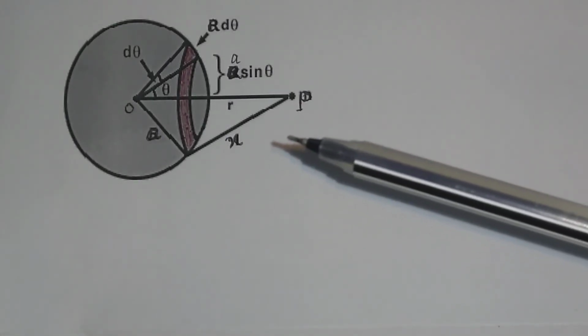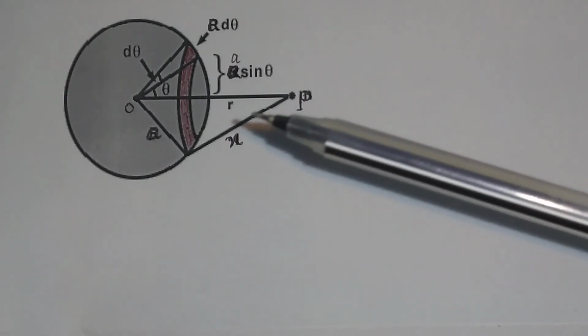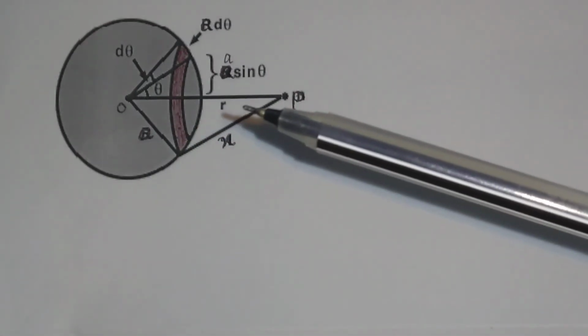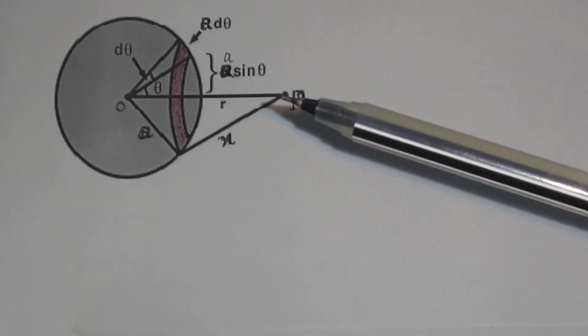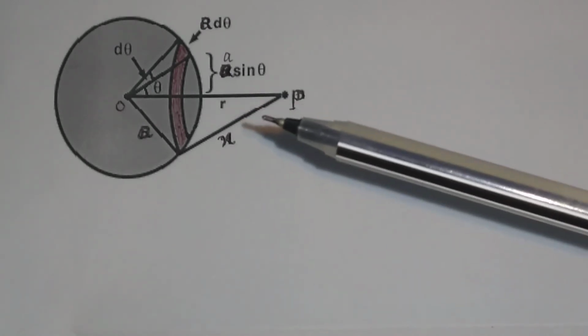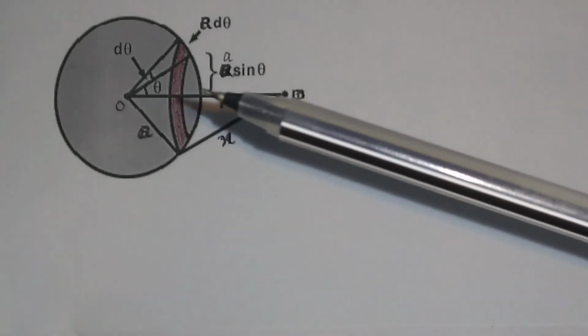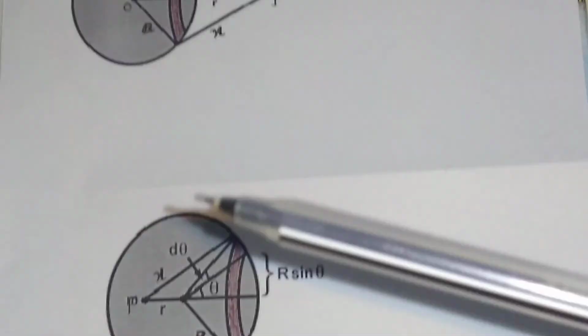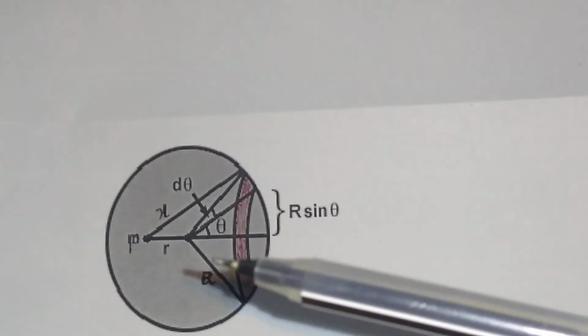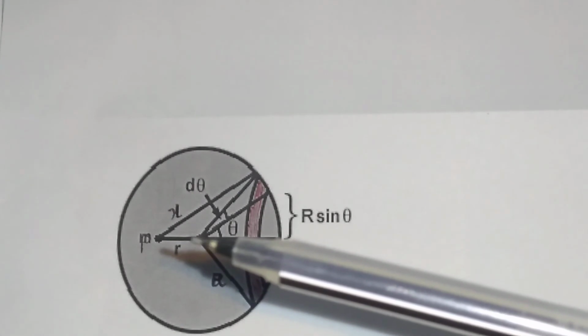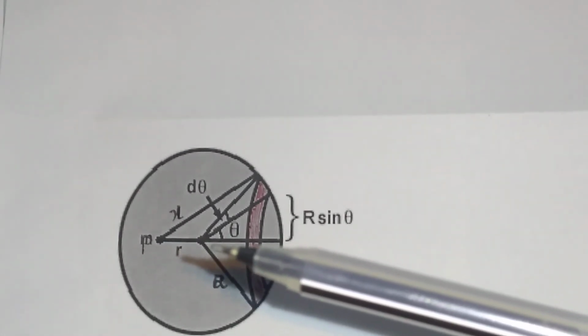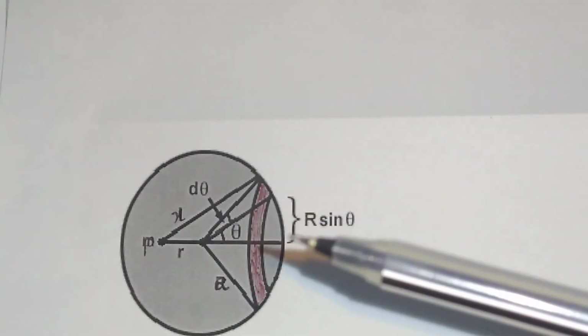So remember, for points lying outside the spherical shell, the gravitational potential is equal to minus GM divided by r, that is V is proportional to 1 by r. But for a point lying inside the spherical shell, the gravitational potential is independent of distance, and that is equal to constant, and the field also is equal to 0.